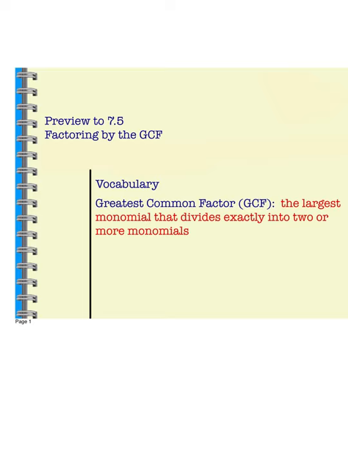So when we're factoring by the GCF, an important vocab word is greatest common factor, or GCF. This is the largest monomial that divides exactly into two or more monomials. So we've learned GCF, greatest common factor, as the largest number that can be multiplied into two other numbers.